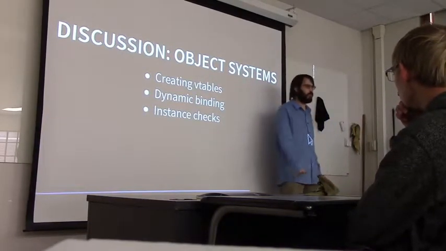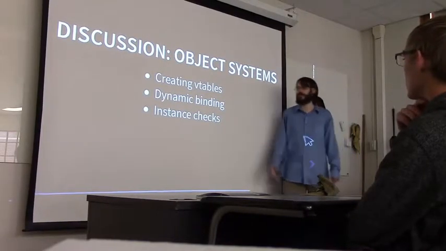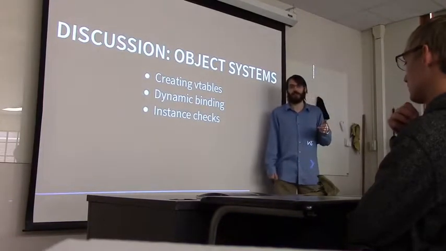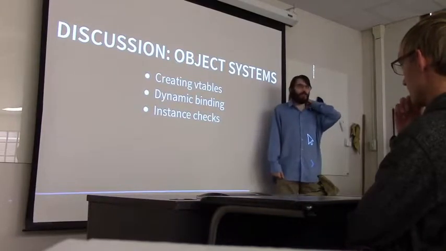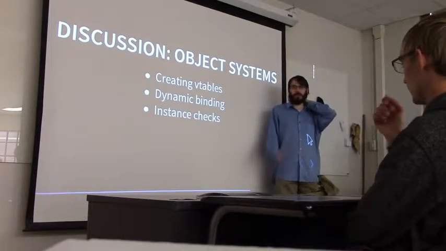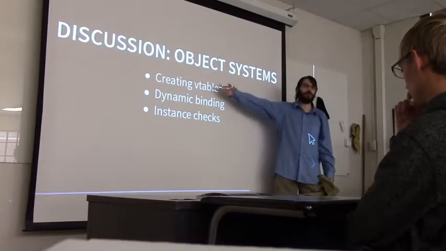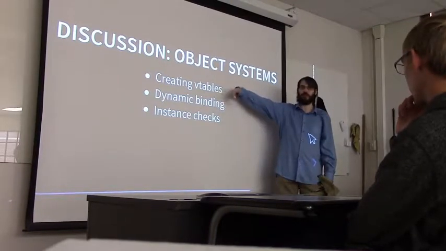Creating vtables is not terribly difficult. Because the struct definitions are just Lua objects and Lua tables, you can just iterate through the list of methods defined on a particular structure, and then build a table or an array that lets you map between the name of the method and the method itself at runtime.